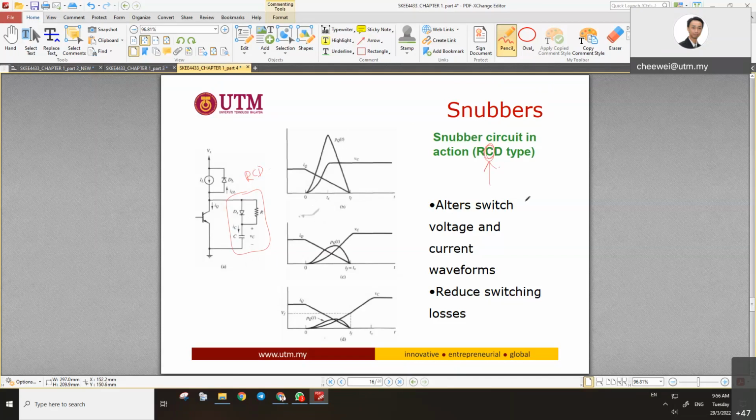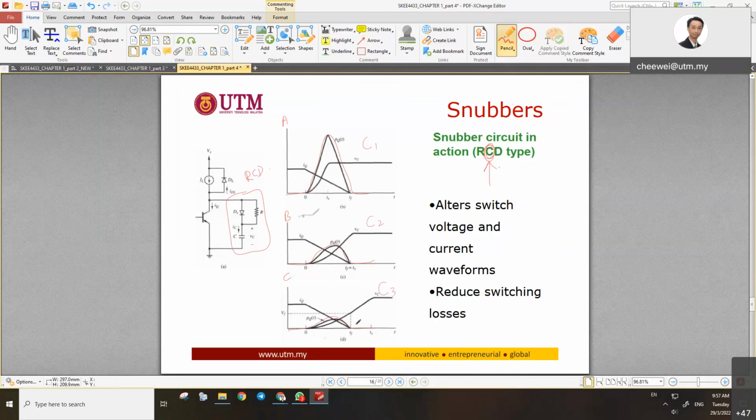Can you see the diagram here? We have three diagrams, A, B, and C. If you look at the power, this is the power loss, and the power loss becomes reduced. In C, the power loss is very small. That is the effect of different C: C1, C2, C3.